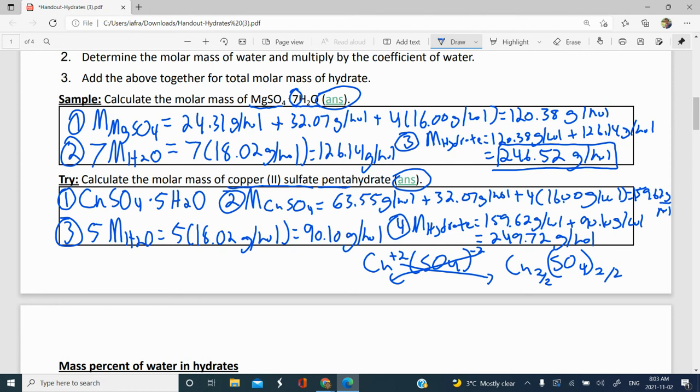I'm just going to verify quickly by doing the calculation again. So 63.55 plus 32.07 plus 64 plus 5 times 18.02 gives you 249.72 grams per mole. And that is our molar mass for the hydrate copper 2 sulfate pentahydrate.